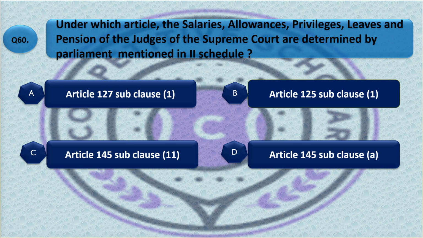Under which article the salaries, allowances, privileges, leaves and pension of the judges of the Supreme Court are determined by Parliament mentioned in second schedule? Option A, Article 127 subclause 1, Article 125 subclause 1, Article 145 subclause 11, Article 145 subclause A. Answer is B.